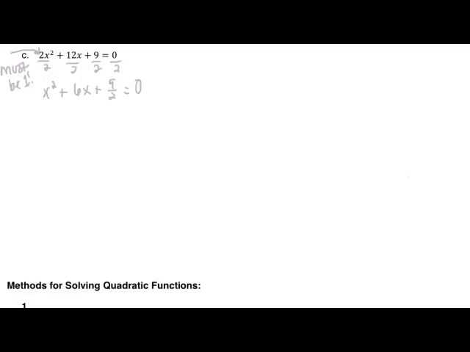Now from here, again, we want to move our c terms, so we're going to subtract 9/2 from both sides. And that gets us x squared plus 6x plus our box equals negative 9/2 plus your box.